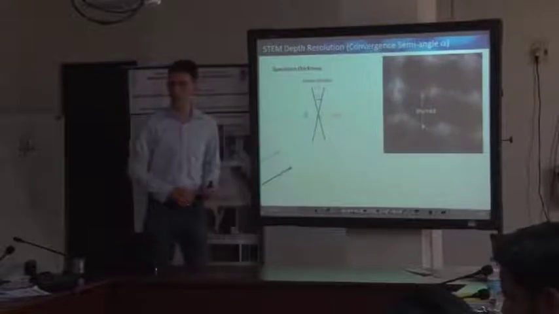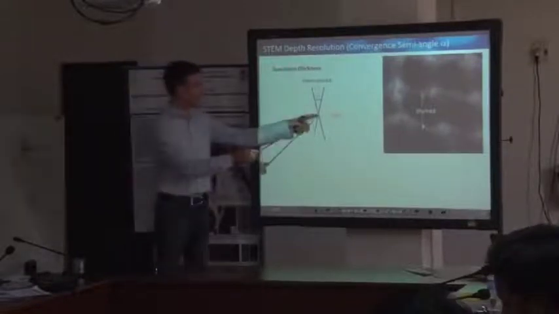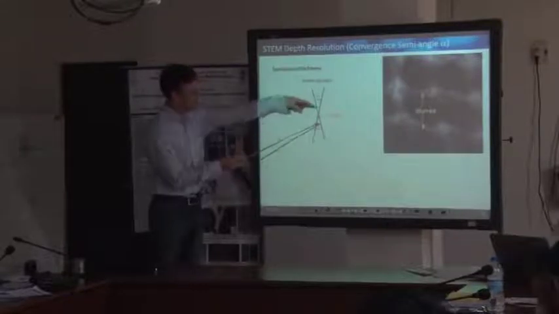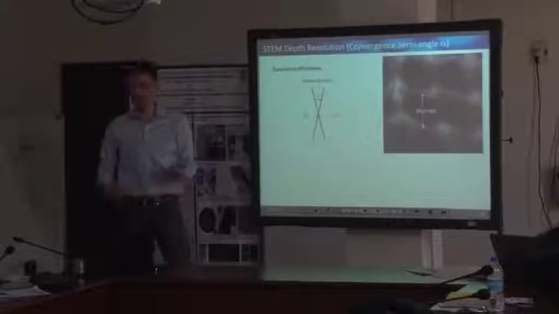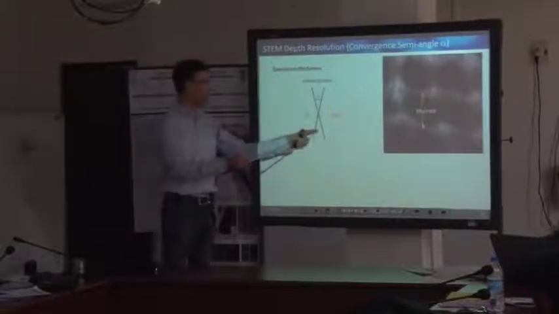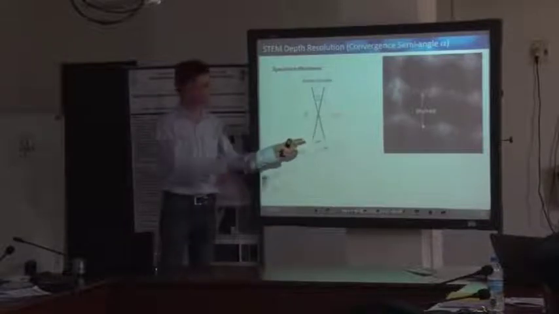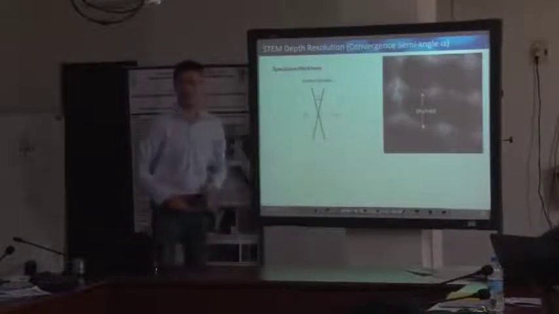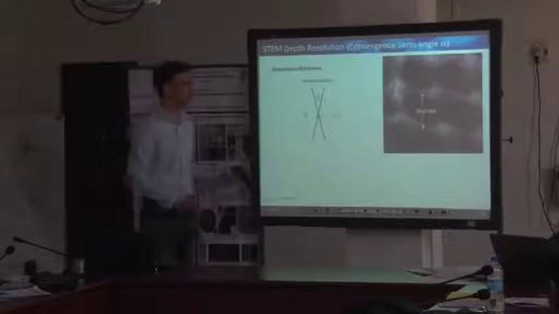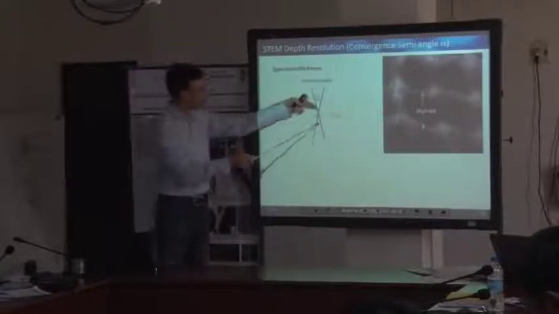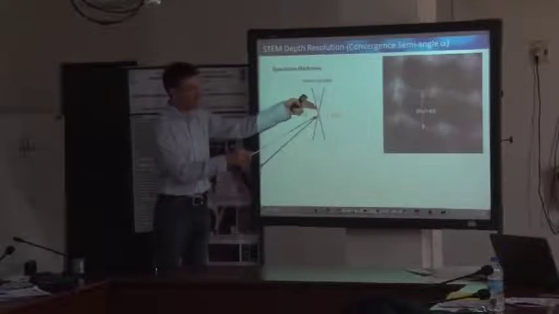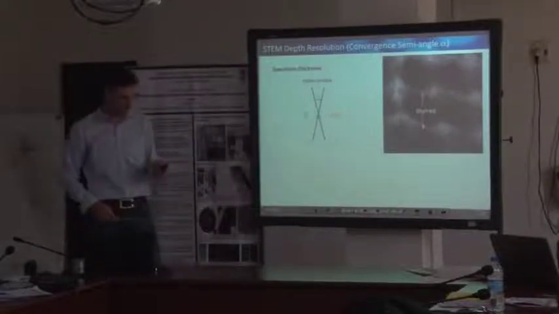So we lose resolution because our probe broadens, and we just assume that your sample has a certain thickness. It's like in a scanning electron microscope: if you have object features on top and on bottom, the projection would be blurred, and only a very small region of our sample would be in focus.